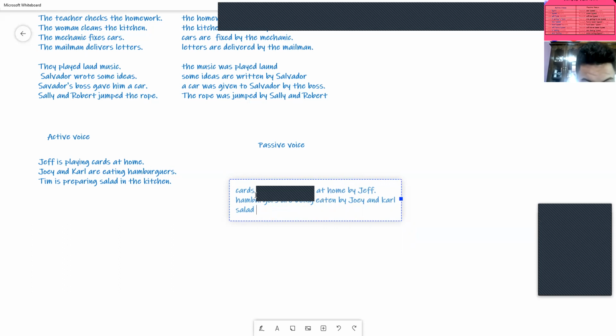So salad is uncountable. Is. ¿Qué es lo que tienes arriba? Guíate con esos. ¿Qué es el verbo que le sigue después del verbo to be? Be.